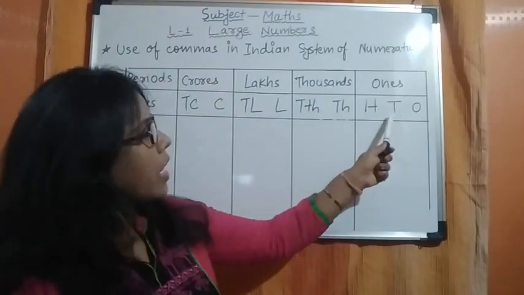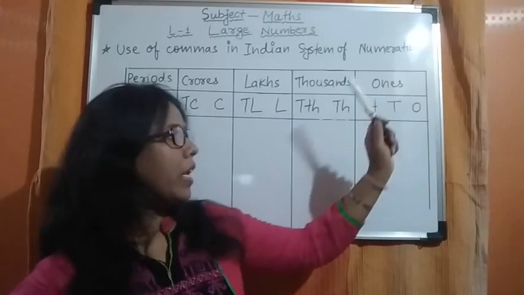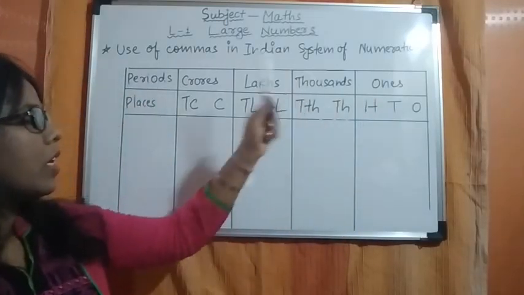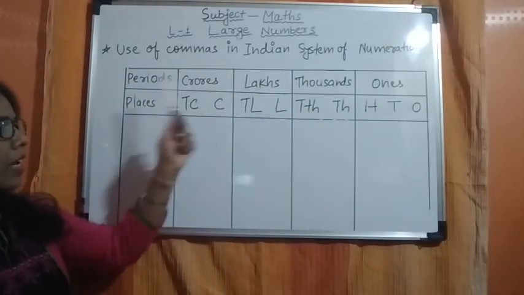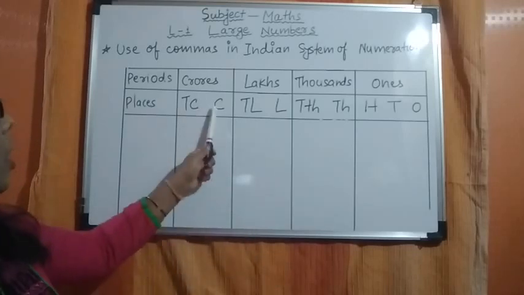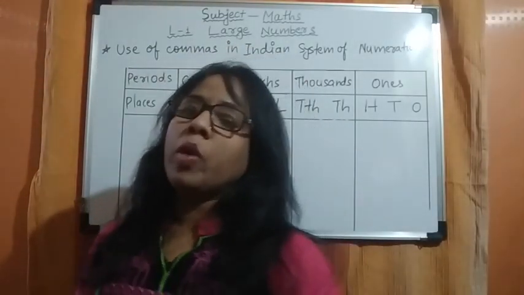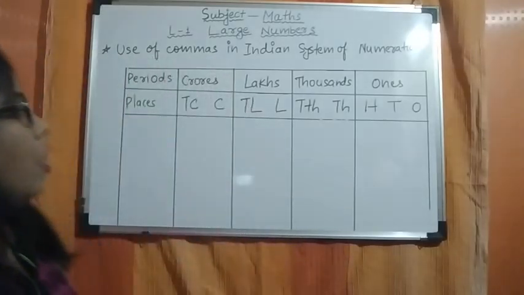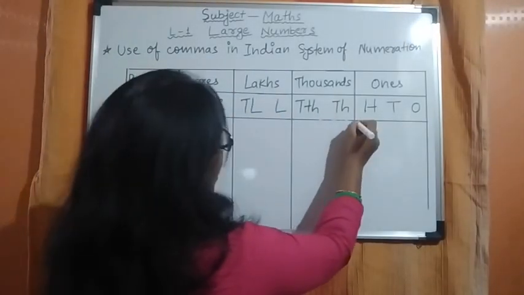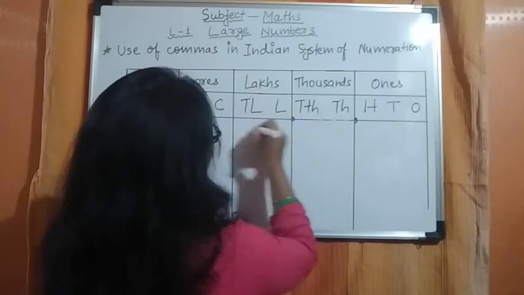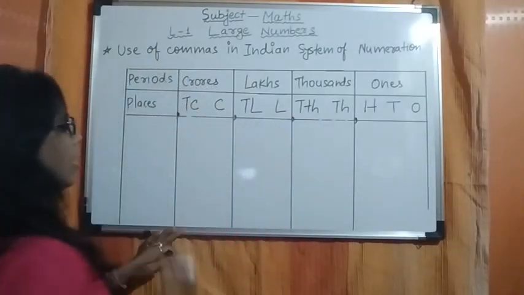Ones, tens, 100 come in ones period. 1000, 10,000 come in thousands period. Lakh, 10 lakh come in lakhs period. Crore, 10 crore come in crores period. How will we put commas? Where one period ends, we put a comma. So now we have one number.